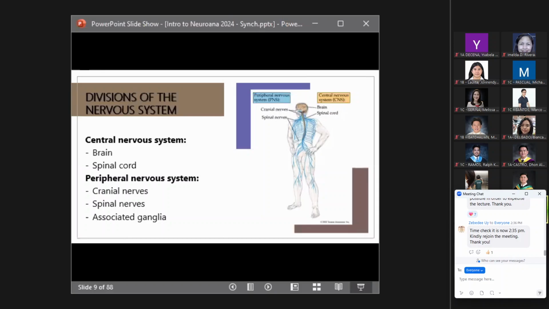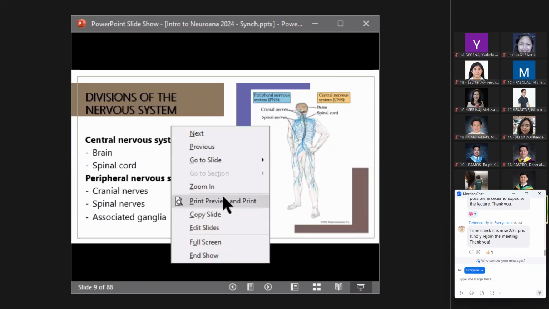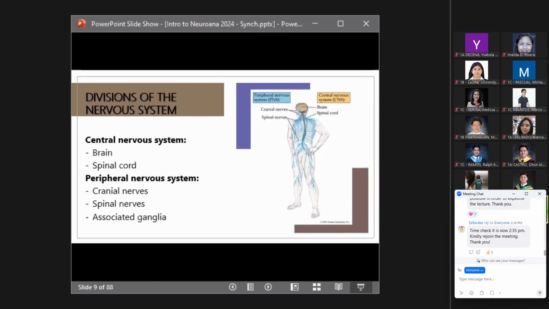So the nervous system is divided into two major divisions, the central nervous system and the peripheral nervous system. The central nervous system is divided into the brain and spinal cord.